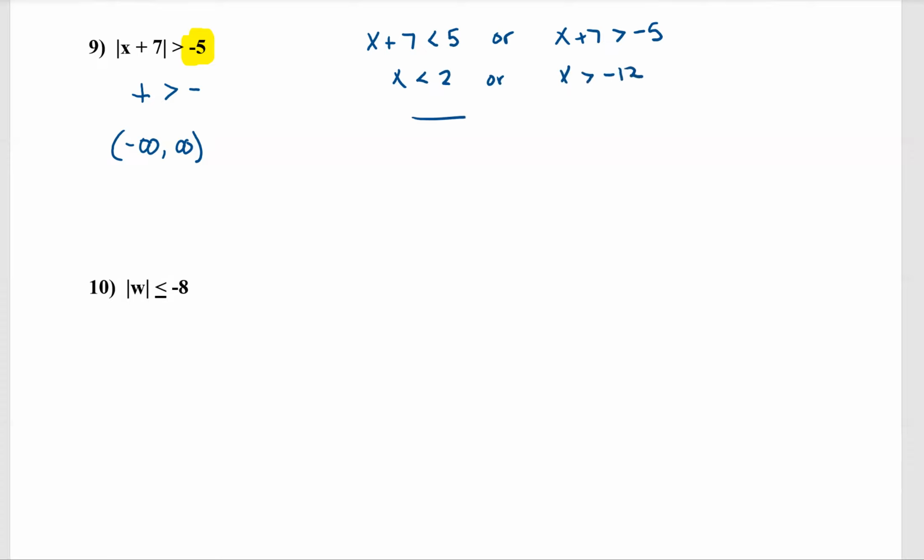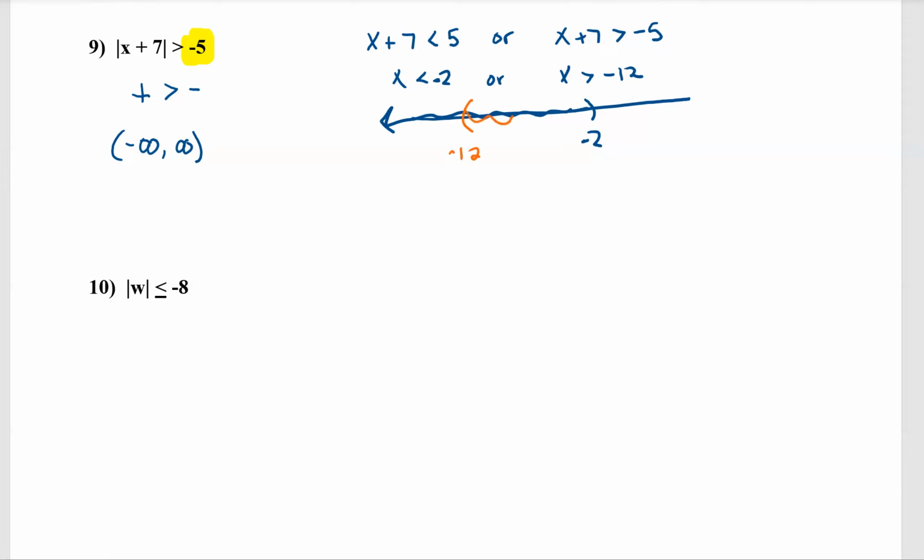Well, if you graph this on a number line, this is an or statement, less than -2, 5 minus 7 is -2. Less than -2 is going this way, or greater than -12.